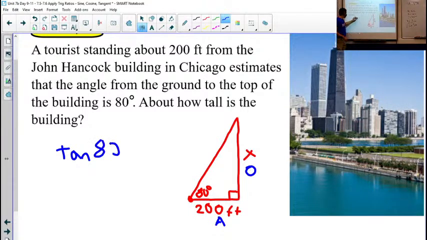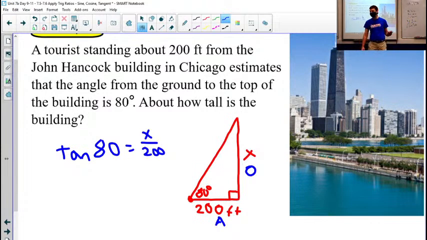Angle's 80 degrees equals tangent's opposite over adjacent. Opposite goes on top, adjacent goes on the bottom. Remember, we solve these by getting rid of the fraction.